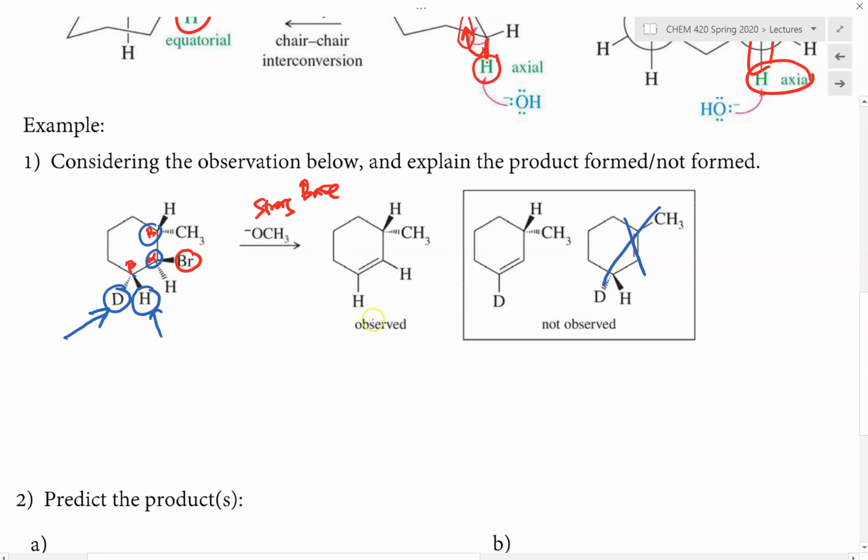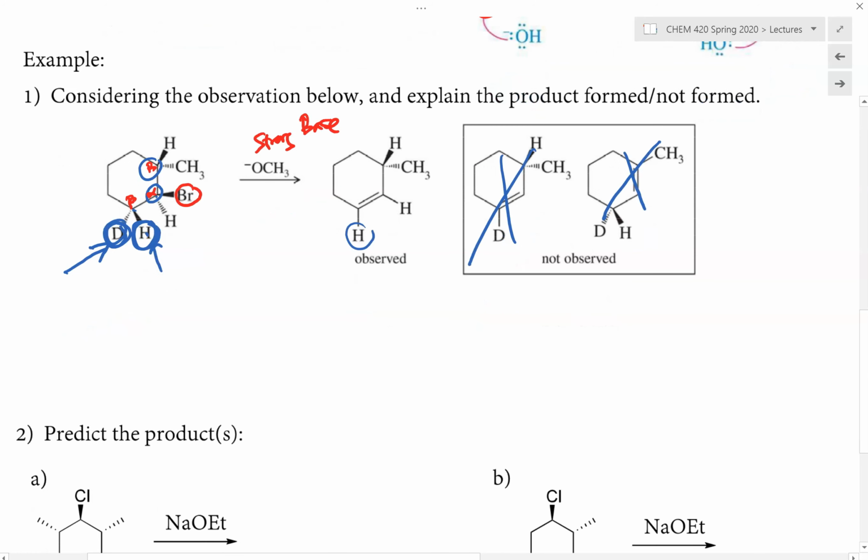So on the product, we observe the deuterium being removed, but not the hydrogen, because this hydrogen is still in here. We do not observe the product where this hydrogen is removed, but only the product where this deuterium is removed. So please explain why.